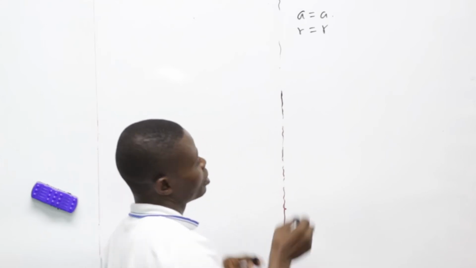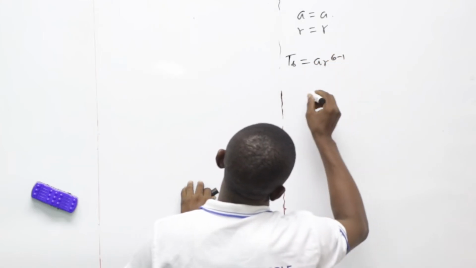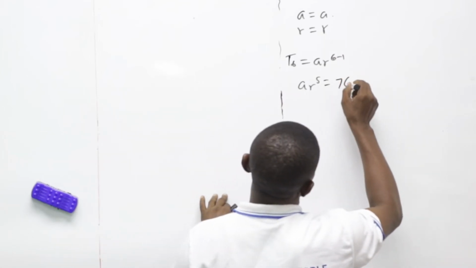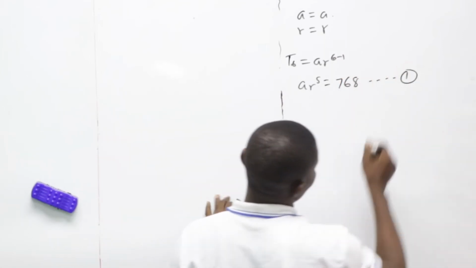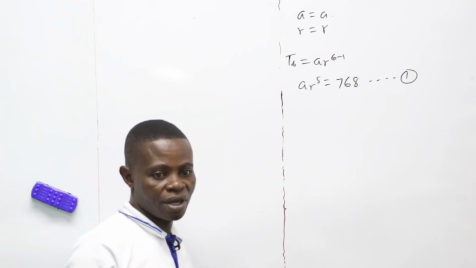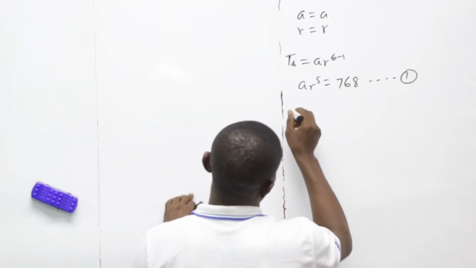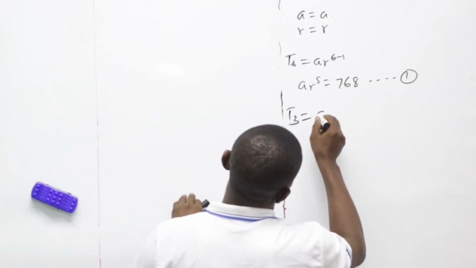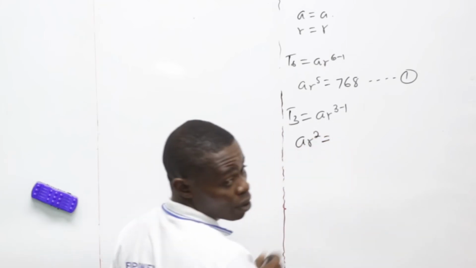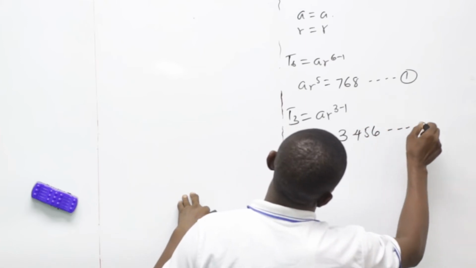And its sixth term is this: T6 equals AR to the power 6 minus 1, AR power 5 equals 768, equation 1. Then another GP has first term of A, common ratio of 6R, and the third term is what? 3,456. That is T3 equals AR 3 minus 1, AR squared equals 3,456, equation 2.